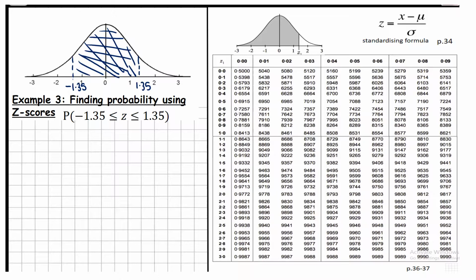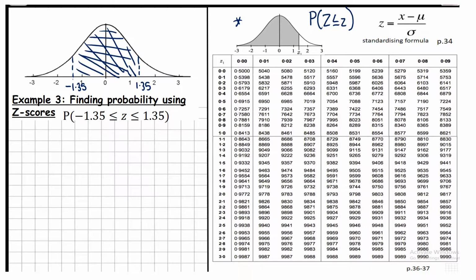Now, again, that's not what the tables allow us to do. Remember, the tables only allow us, and if we look up here, they allow us to just go all the way back. And remembering the probability that Z is less than or equal to z, that appears at the top of the tables on page 36.